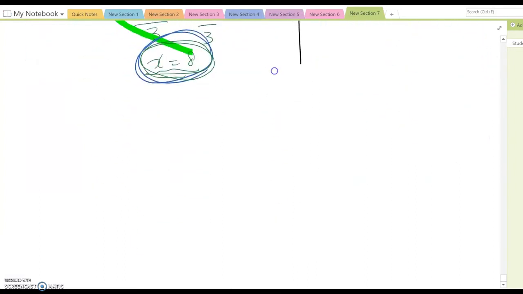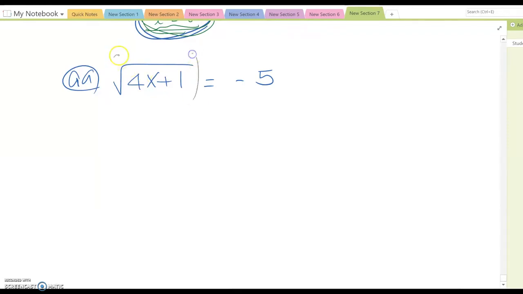Okay. Another question. Letter AA, which is square root of 4x plus 1 equal to negative 5. So we apply the same concept.